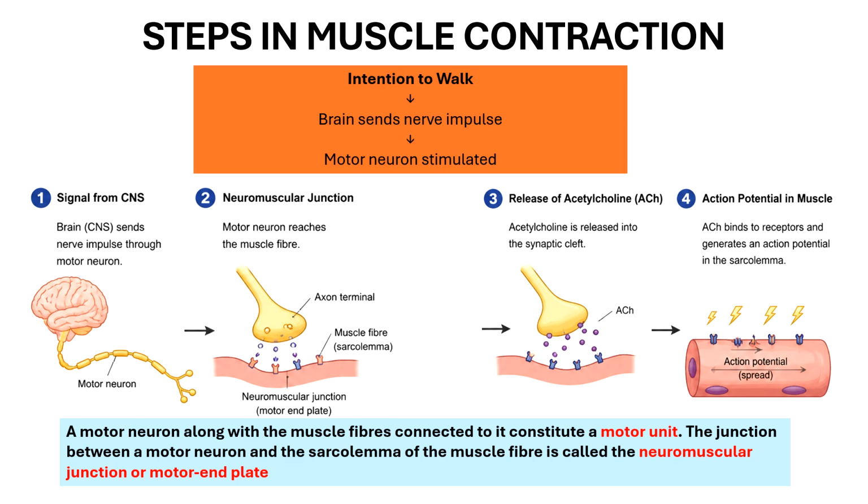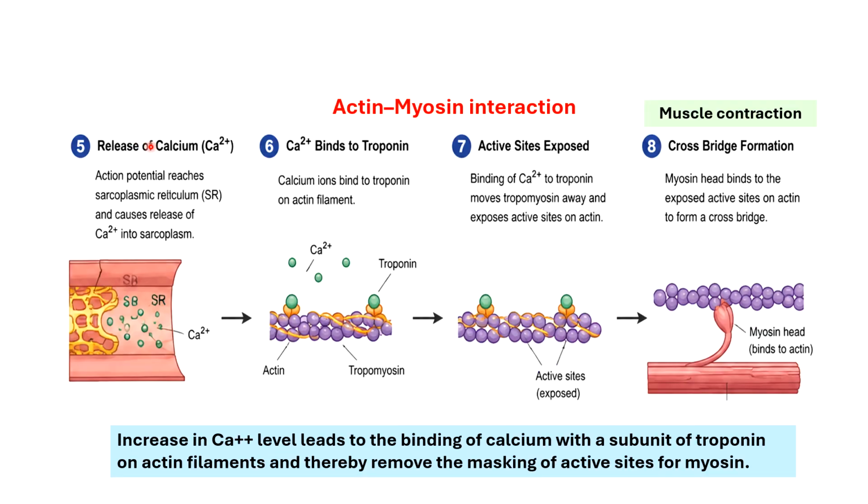Clear? The action potential which was generated causes the release of calcium 2 plus ions from the sarcoplasmic reticulum. What is the sarcoplasmic reticulum? The endoplasmic reticulum of the muscle fibers is called the sarcoplasmic reticulum. Okay. So now these calcium 2 plus ions are released into the protoplasm of the muscle fiber, also known as the sarcoplasm.